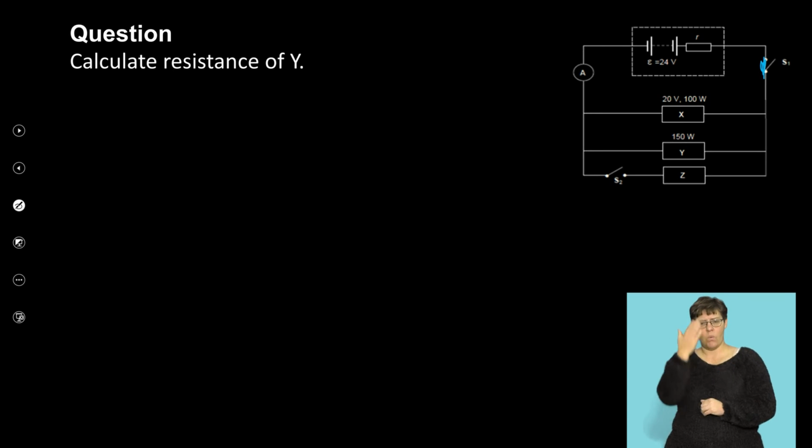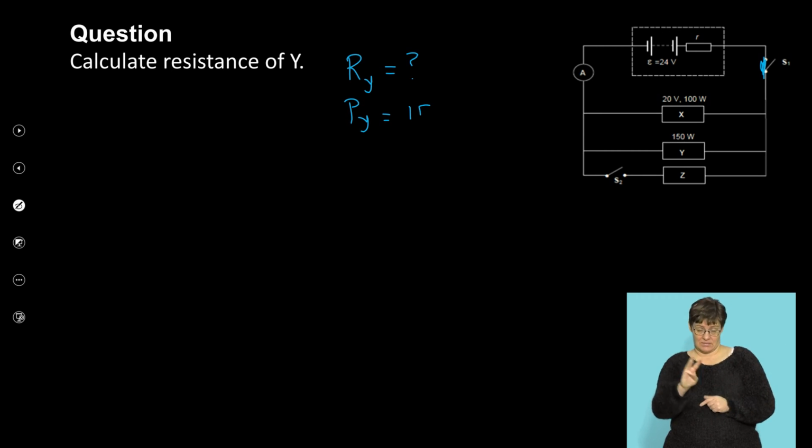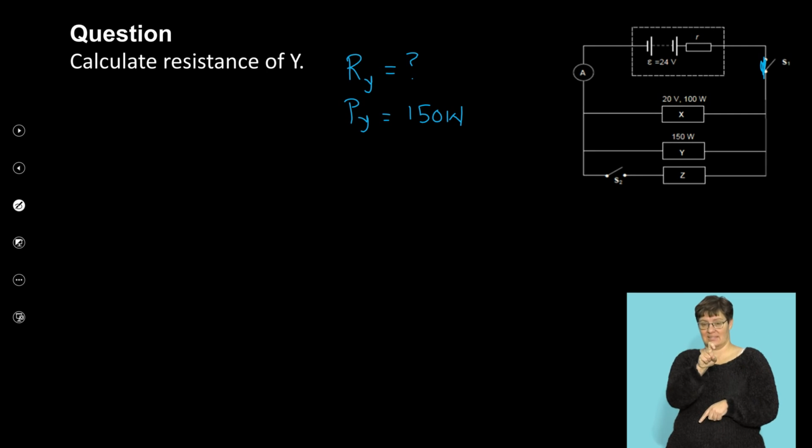What do we know about Y? We are looking for the resistance of component Y, which we do not know. We know that it has a power rating of 150 watts. And there is something else that's very important about component Y, which we can also extract from X. We need to realize that components X and Y are connected in parallel.